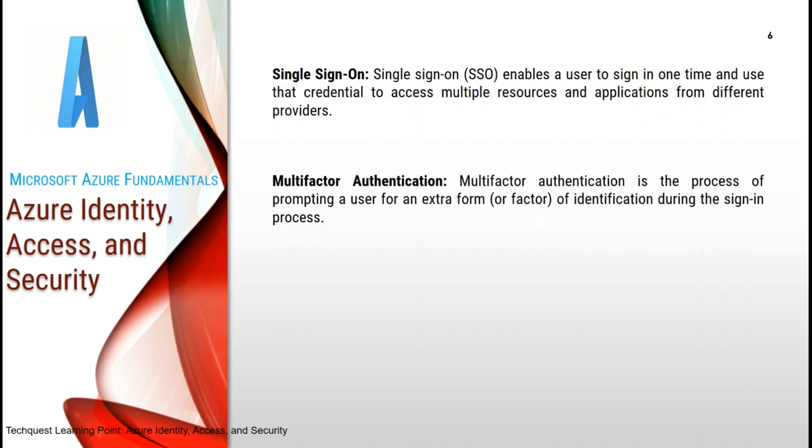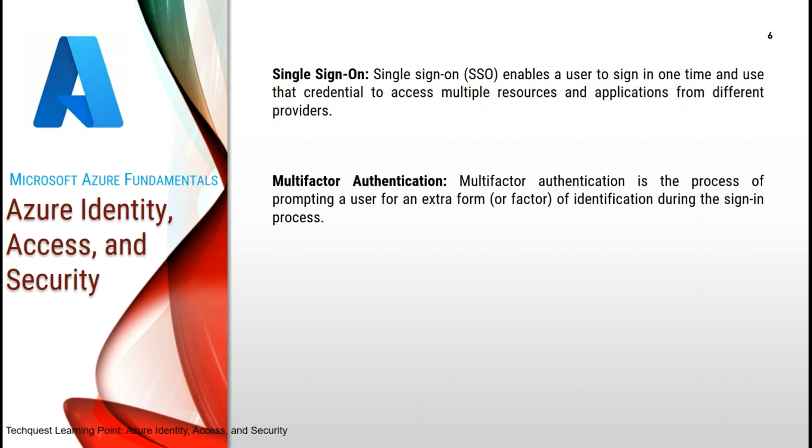Multi-factor authentication. Multi-factor authentication is the process of prompting a user for an extra form of identification during the sign-in process. MFA helps protect against a password compromise in situations where the password was compromised but the second factor was not.